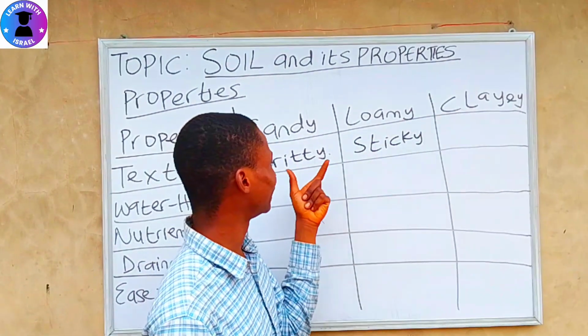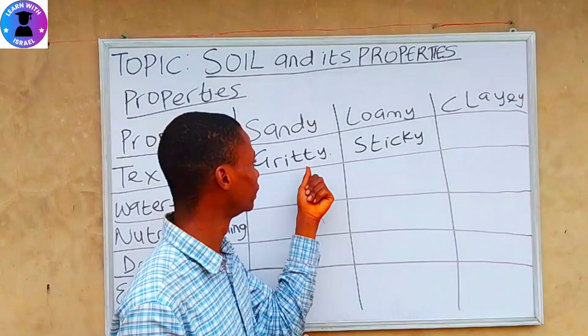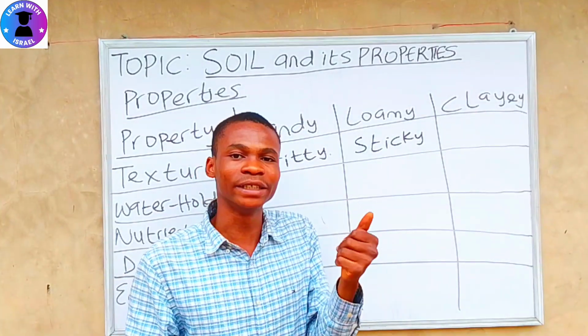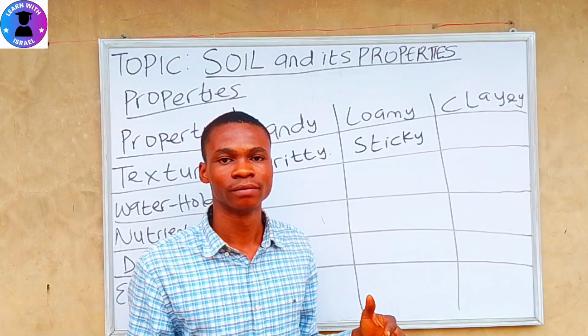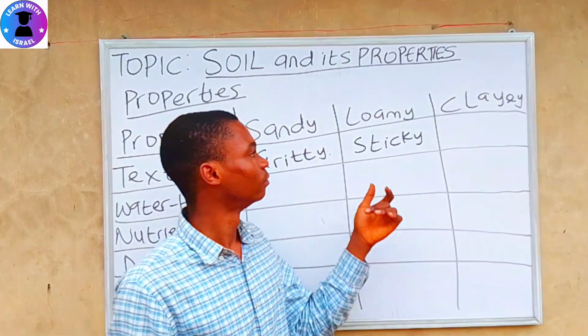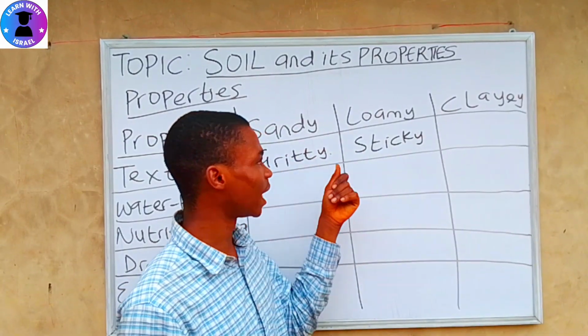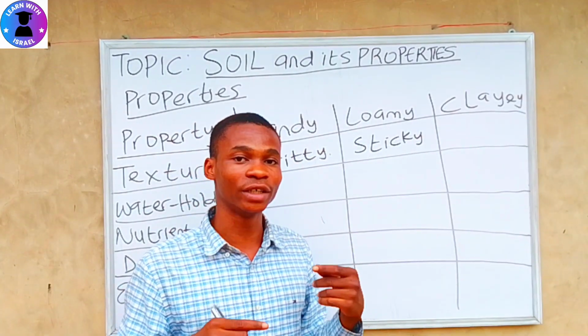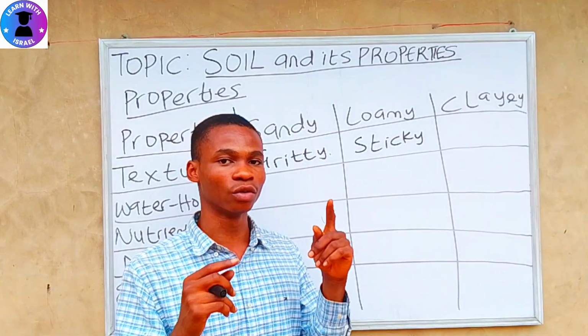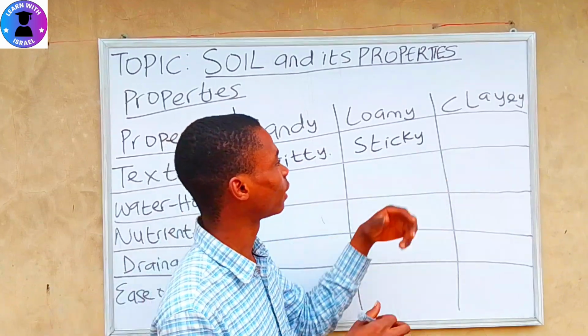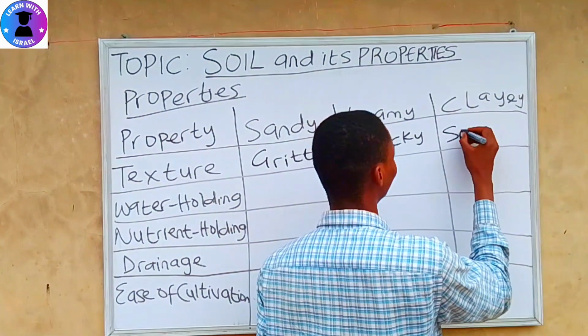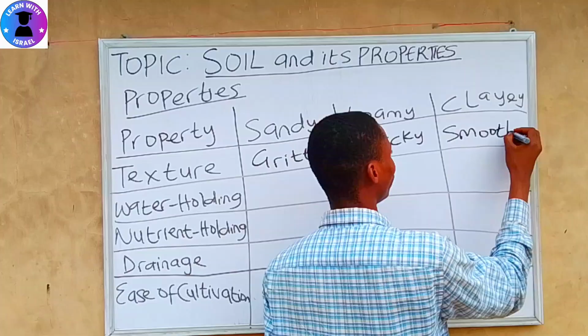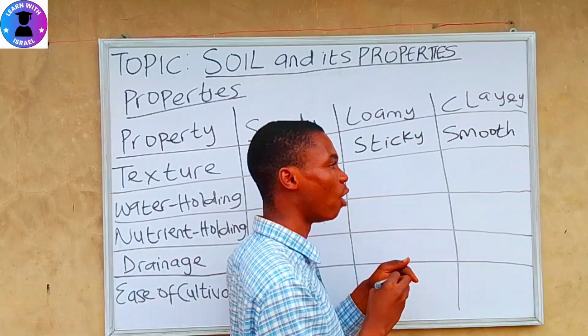And when I say gritty, for those that don't know, gritty means not smooth, rough. So the texture of sandy soil is rough. And for clayey soil, it's always smooth. And that is one of the reasons why it is best for molding.